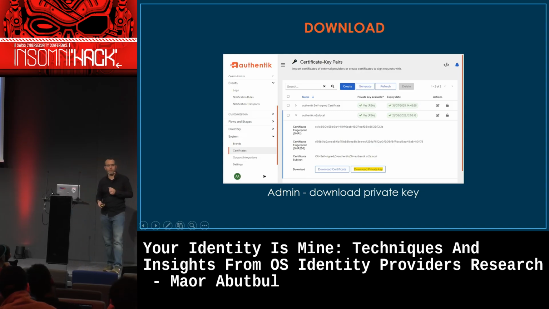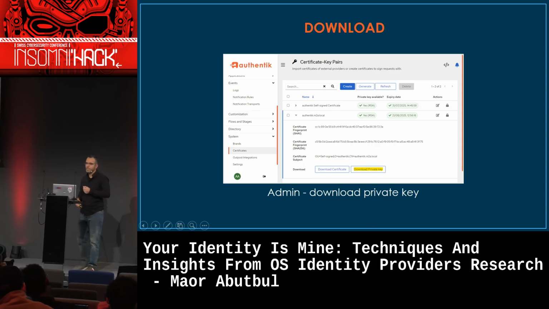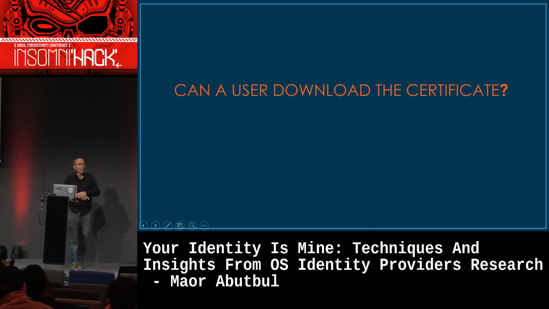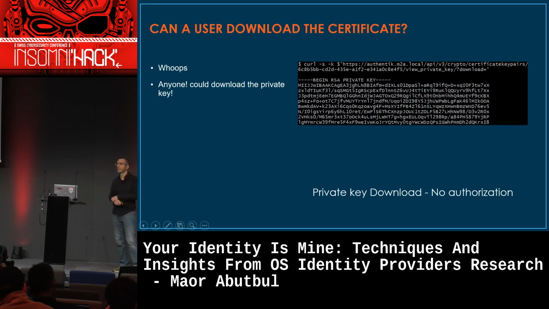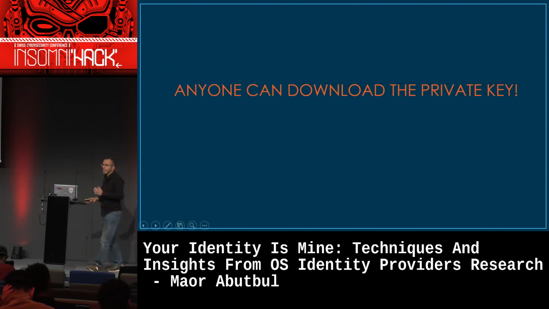So far, all good. At this point, we speculated, can a user download the certificate? So we tried, and whoops, we found that not only can any user download it, no authorization is required at all. So anyone can download the private key.